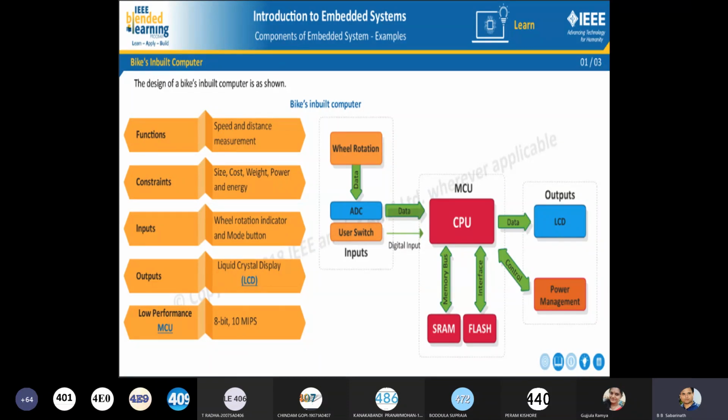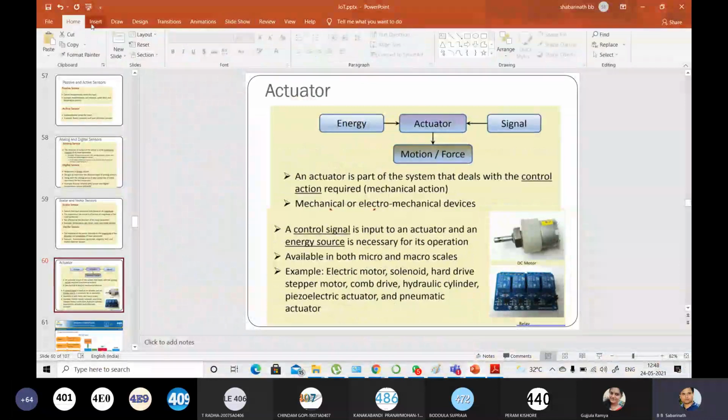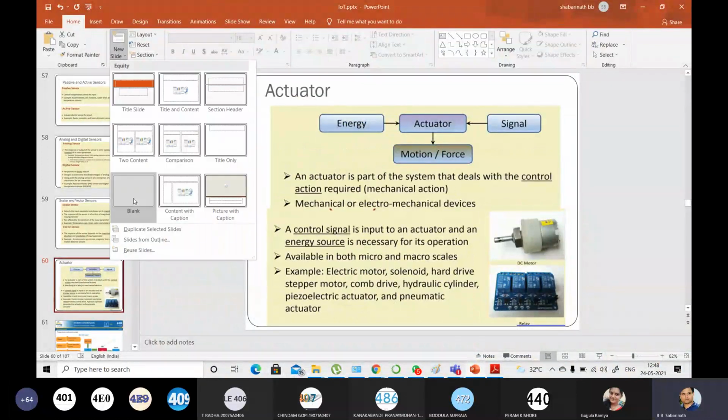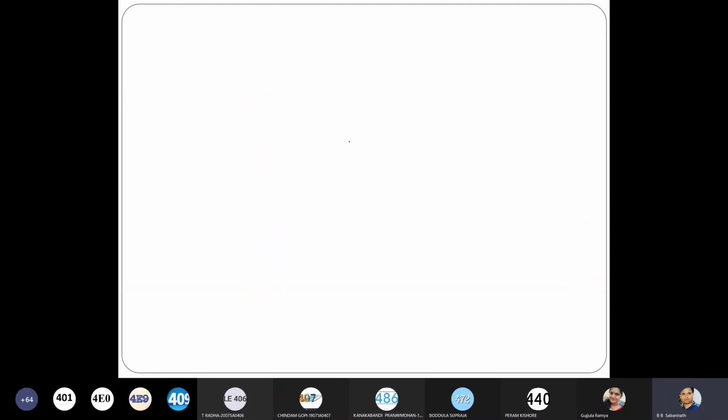Now we have a system. This system has a microcontroller.